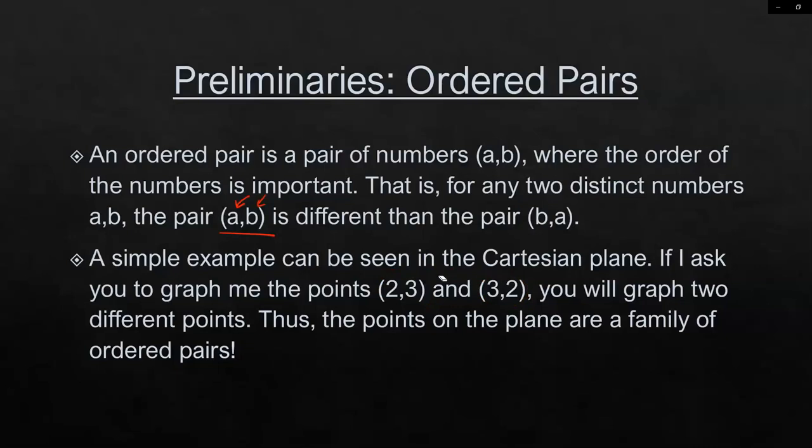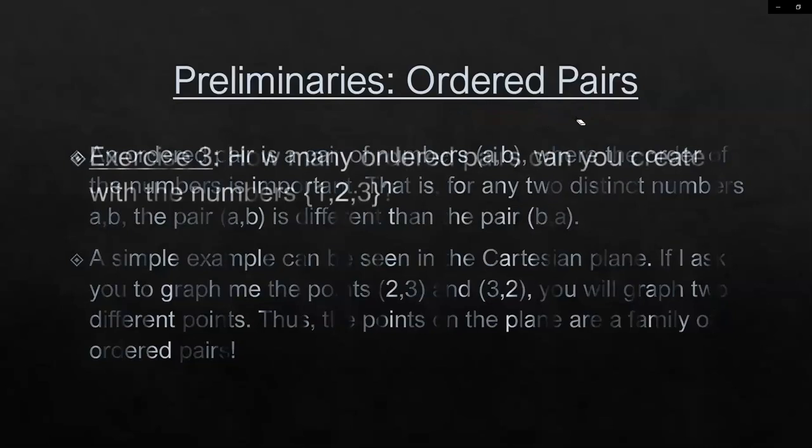So when we have a bunch of numbers and we create ordered pairs, we are interested in creating all possible pairs of these numbers, but the order in which we put them is important. So for example, this pair that I could create is different from this pair. We're just creating pairs of numbers, but the order is important, so this element is considered different from this one. That's the gist of ordered pairs.